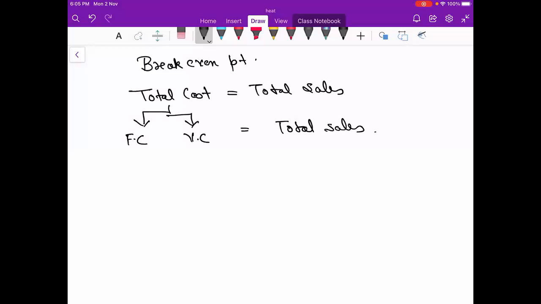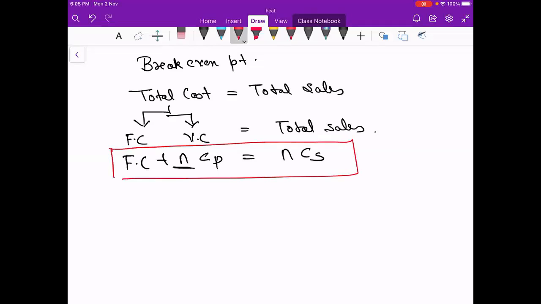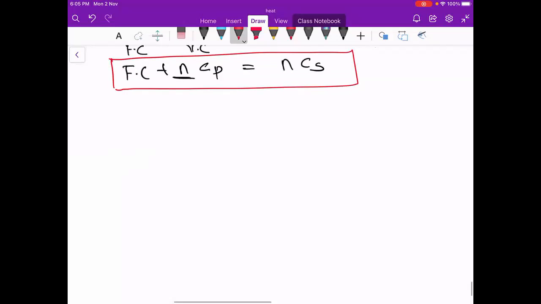Fixed cost plus variable cost is a function of the number of objects we are manufacturing, and this is the cost price of each product, and this equals N times S. So this is the final form which we derived yesterday, and we also designed the graph.